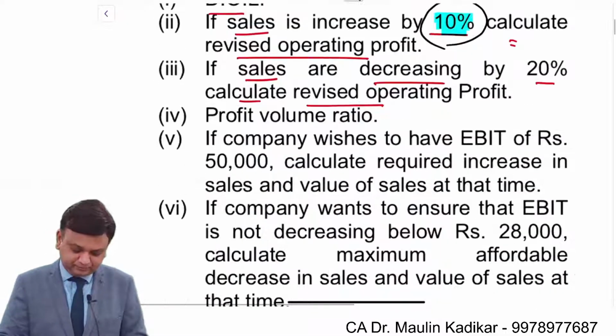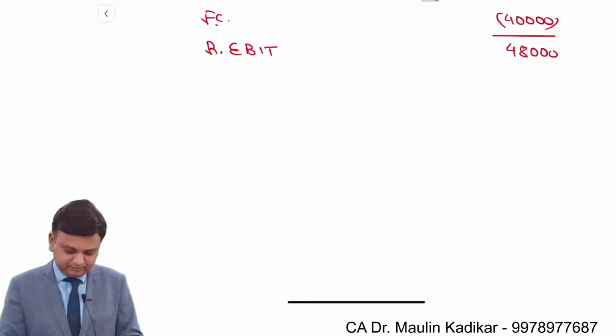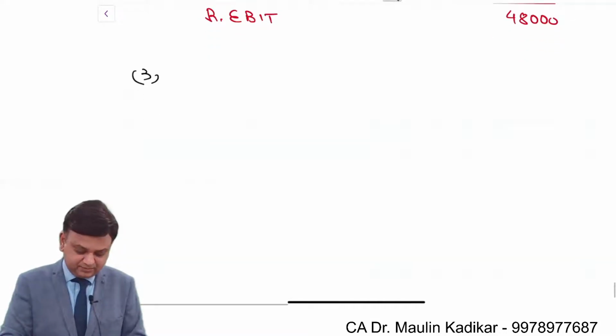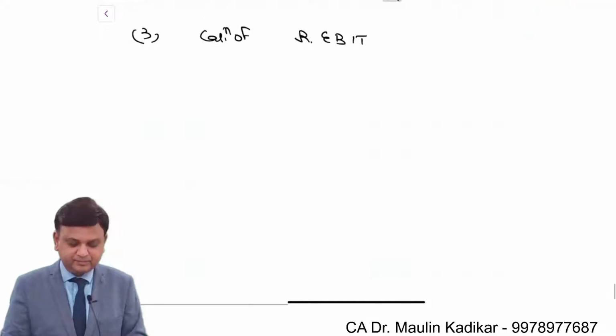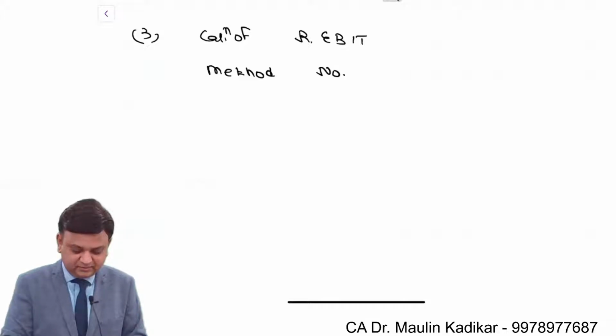Next, if the sales are decreasing by 20%, calculate the revised EBIT, that is the question. So let us answer the third question. In the working, calculation of revised EBIT. In that again two methods. Method number 1.